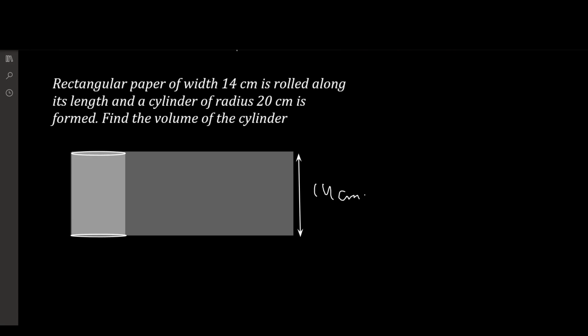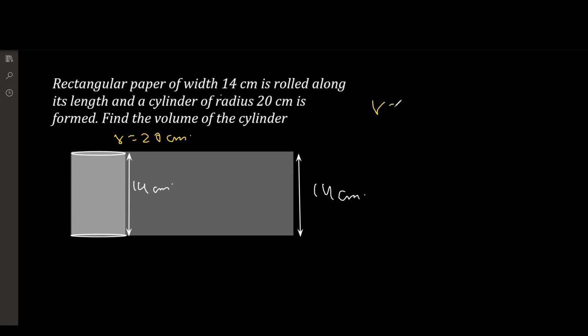And what we can see from here is that the height of the cylinder will be the same as 14 centimeter, which is the width here. And its radius is being mentioned. Radius is given as 20 centimeters. So we have R as 20 centimeter. And what we have to find out is the volume.